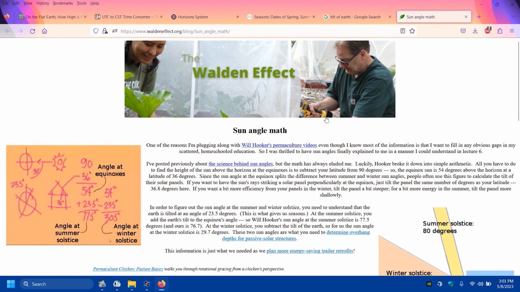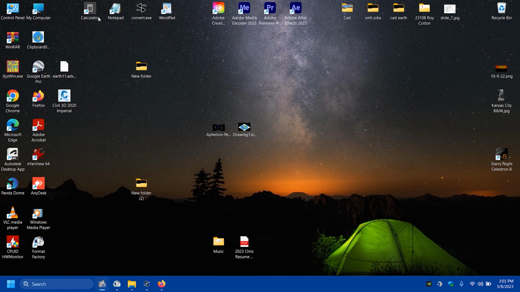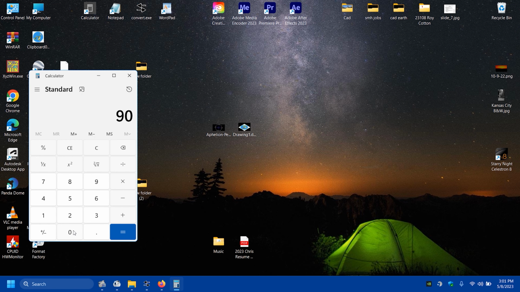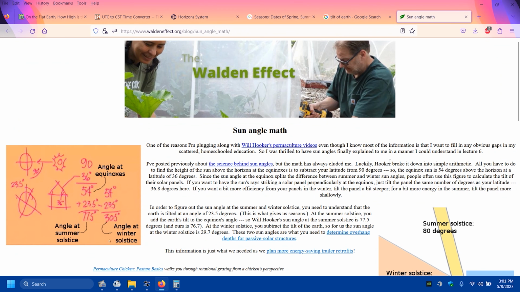Let's do the math. So on the equinox, you take your latitude from 90 degrees. So the equinox is 54 degrees above the horizon at latitude 36.